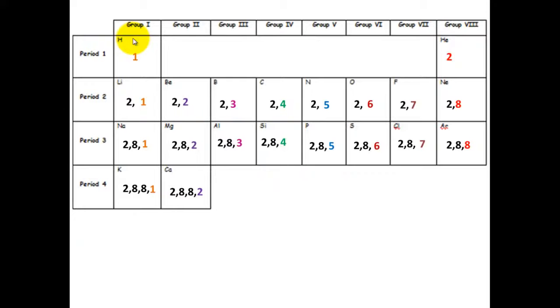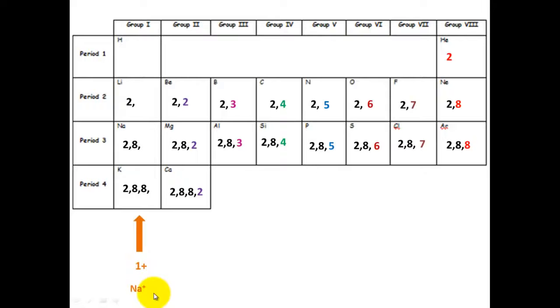Okay, so let's have a look at the trends on the periodic table. In group 1, you know that all atoms have got 1 electron in their outer shell. In group 2, they've got 2 in their outer shell, and so on. Group 1 atoms will all lose that 1 electron to become a positive 1 charged ion.